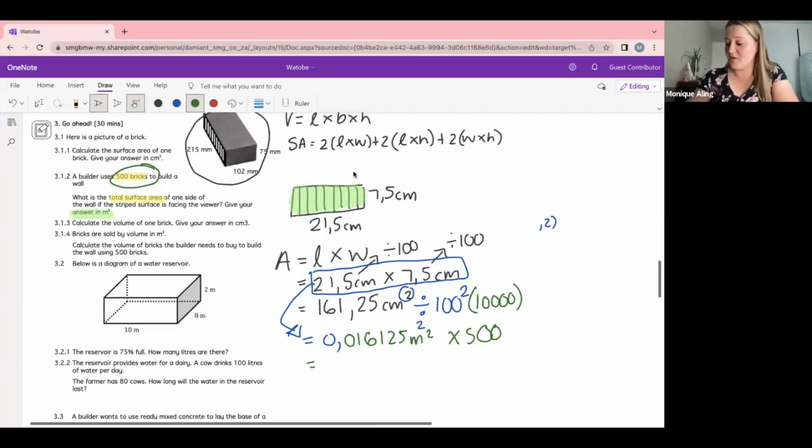Cabello, thank you. And let me not make the same mistake. Meters squared, because we're working out area. Area is always squared. Nice. Kamahelo, I see your beautiful answer as well.